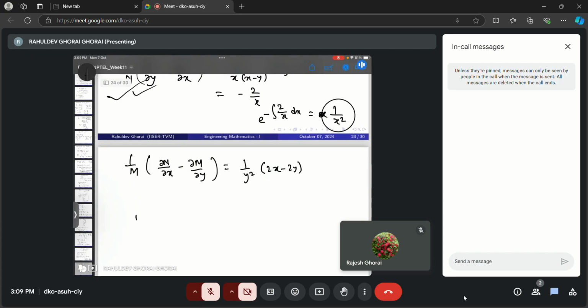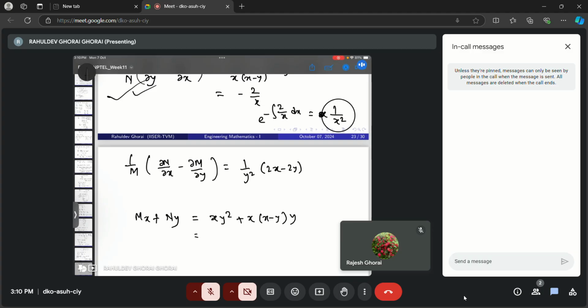I'll say another way also: try to find Mx plus Ny. What will be Mx plus Ny? Mx plus Ny will be x y squared, plus x times (x minus y) times y.